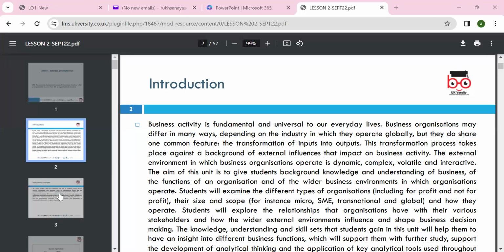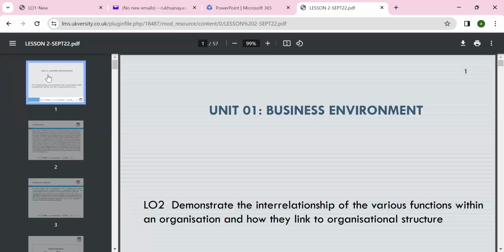anjum@ukversity.co.uk. We'll go through. So today's lesson we have LO2: demonstrate the interrelationship of the various functions within an organization, how they link to structures. So organization structure represents the role and responsibility. Structure can be flat structure, tall structure, functional structure.